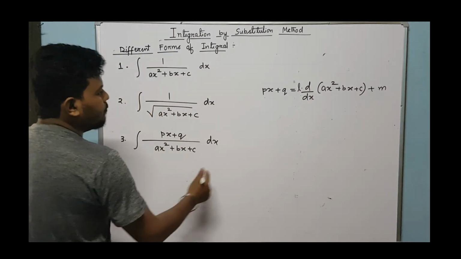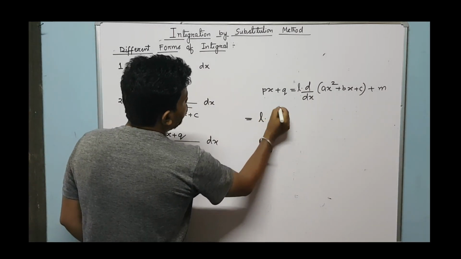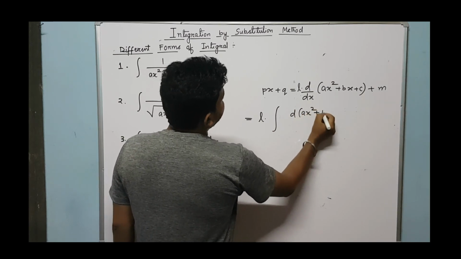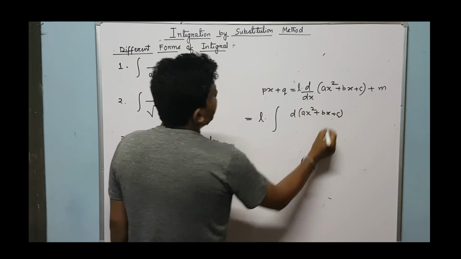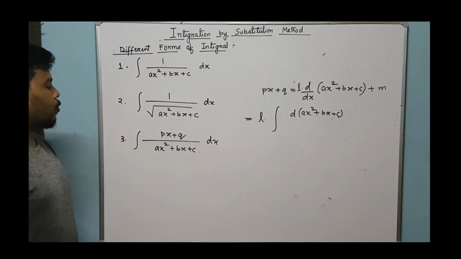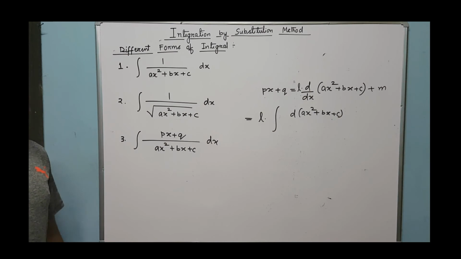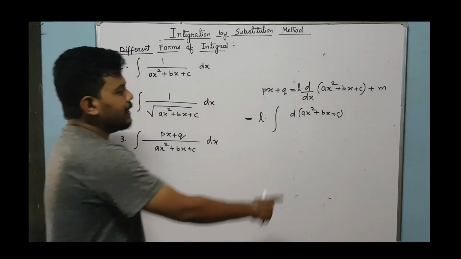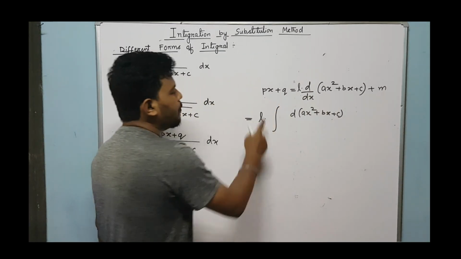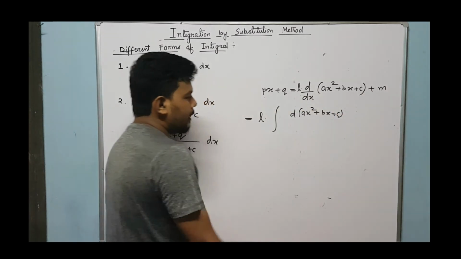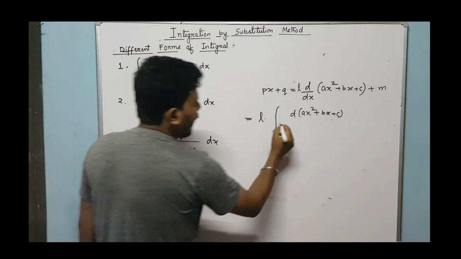So the integral becomes l into derivative of ax square plus bx plus c. See, for the quadratic expression ax square plus bx plus c, if I differentiate, it becomes linear. So this is linear, this is constant. If I equate them, I will find the values of small l and small m, and then we will further integrate this like this.